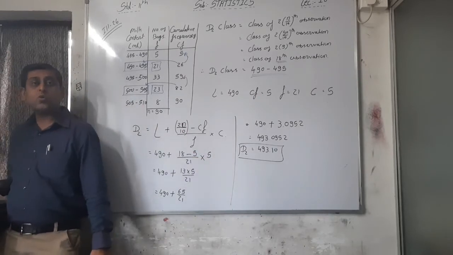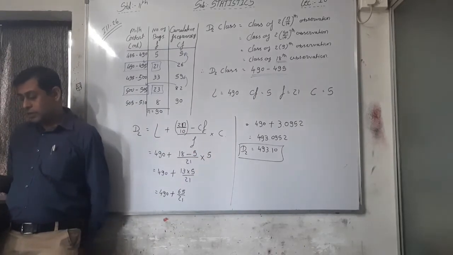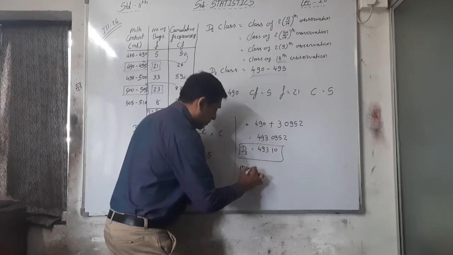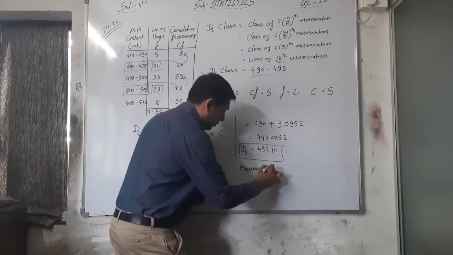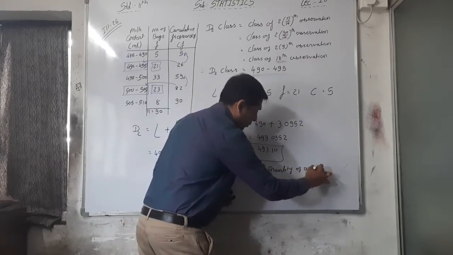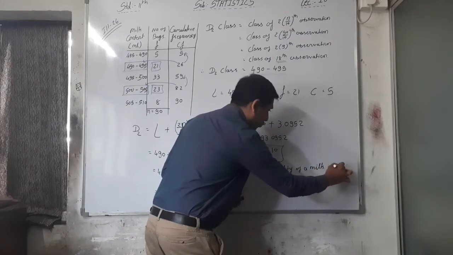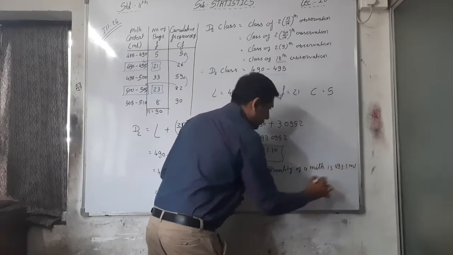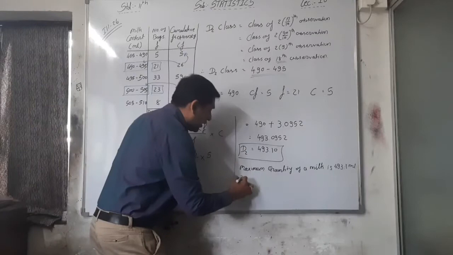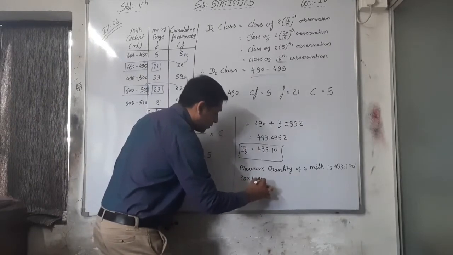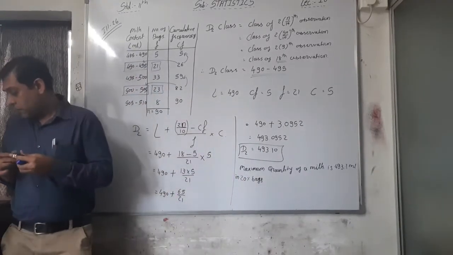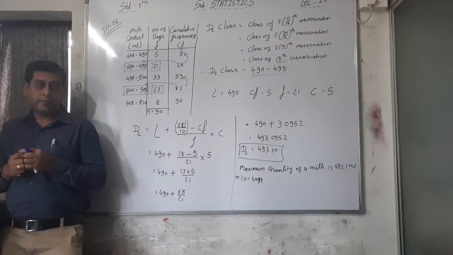Now for this you have to write again: thus maximum quantity of milk is 493.1 milliliter in 20%, D2, that means 20% bags having least milk content.